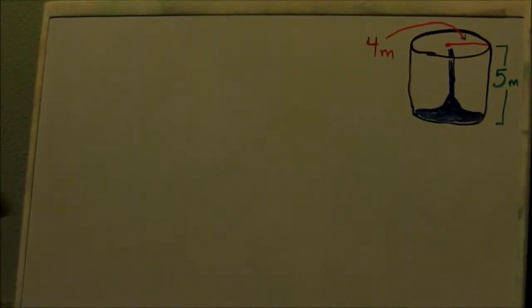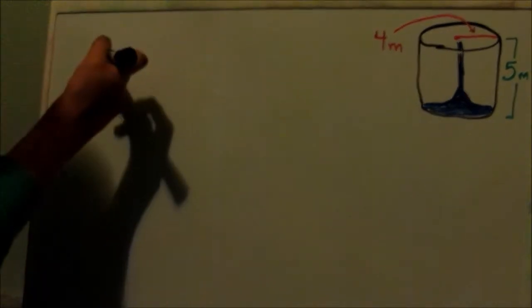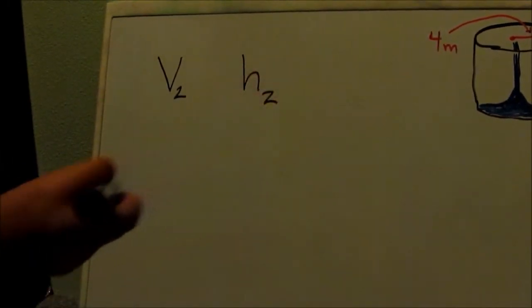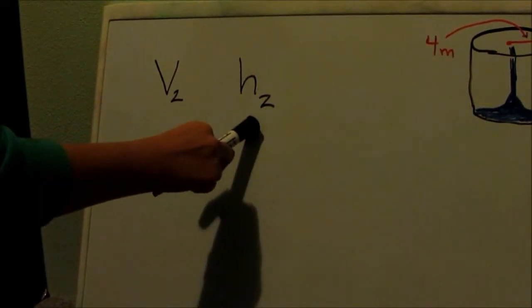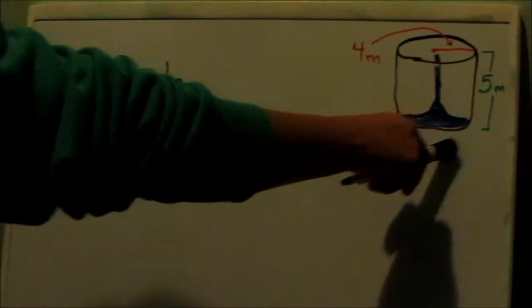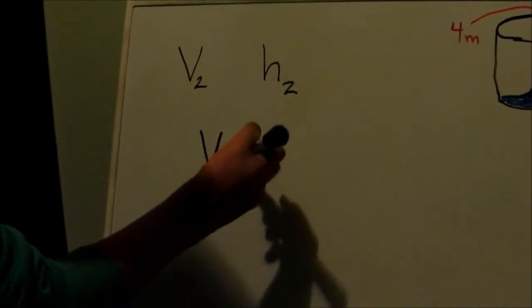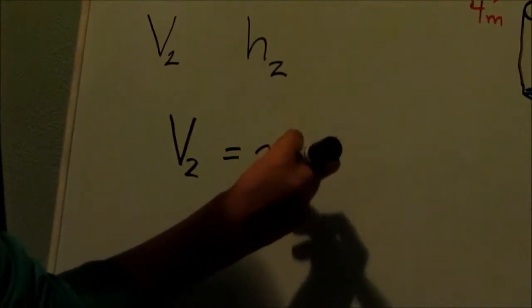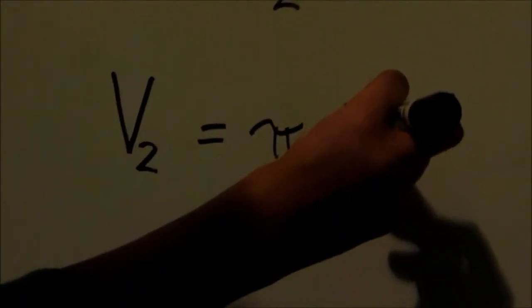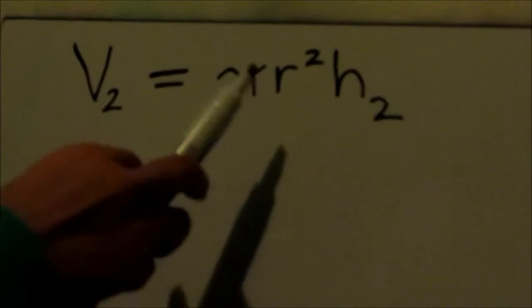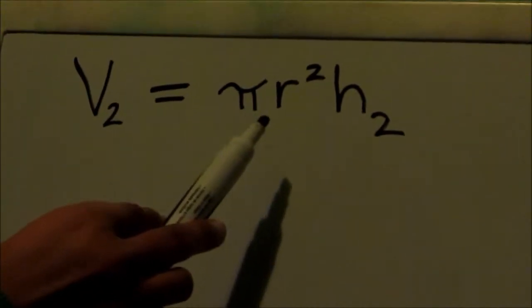Okay. Now we can work on the bottom tank. Let V sub 2 and H sub 2 be volume and water level of the cylinder tank. The volume formula is then V sub 2 equals pi r squared times H sub 2. Since the radius is unchanging, it will stay a constant. We were given that the radius is 4.